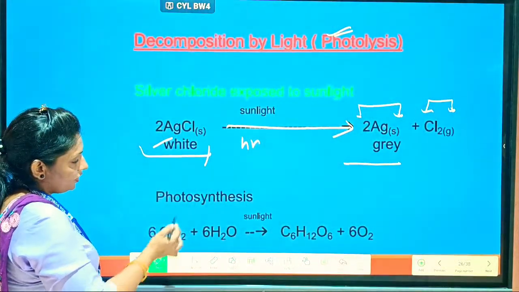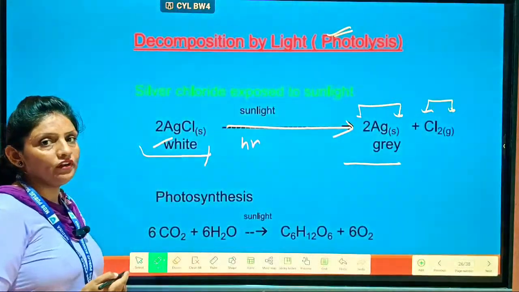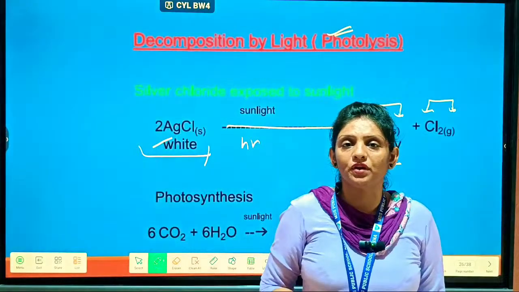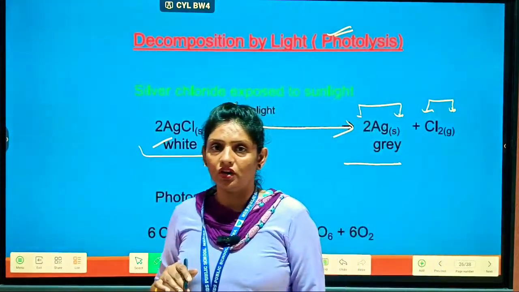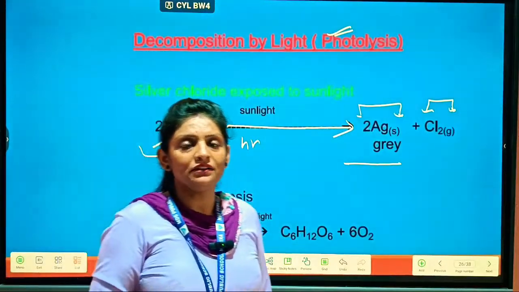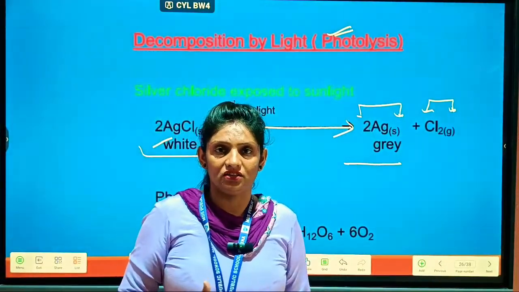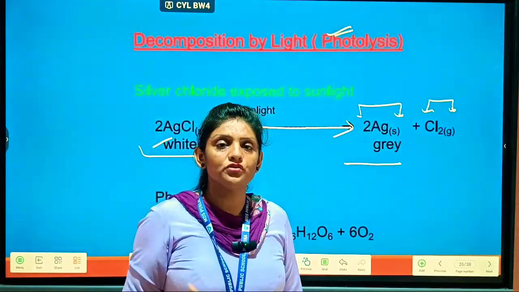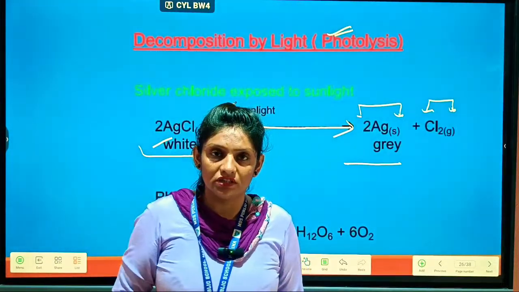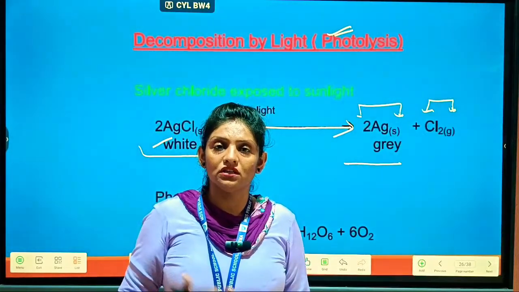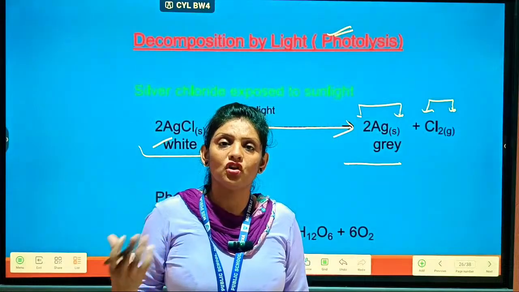This is photosynthesis, you know very well. It is the process by which plants prepare their own food. Okay. So plants require sunlight. Without sunlight, they cannot prepare their food. So it is also an example of photolysis, because that process is done in presence of sunlight.